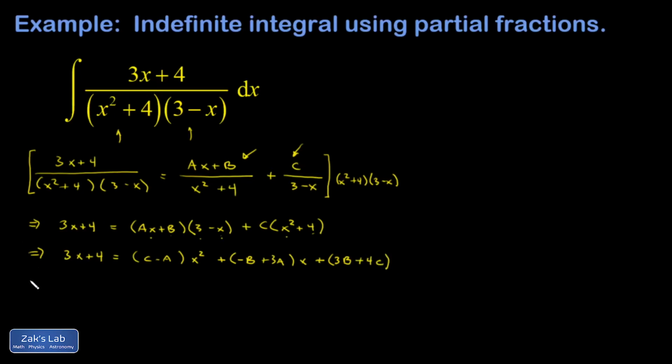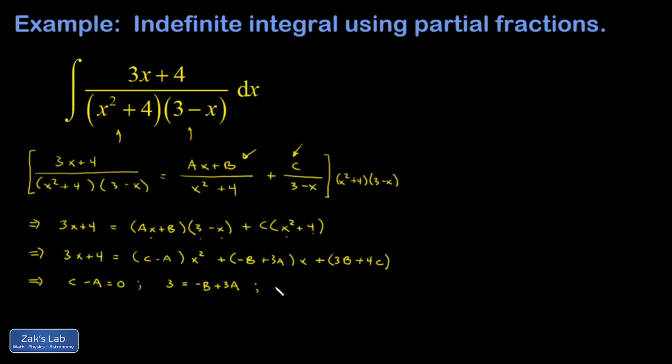Okay. So if this equation is going to be true for all x, then the coefficients on the left and right-hand side have to match up. So the coefficient of x squared is c minus a on the right side, and it's 0 on the left side. So I immediately get that c minus a equals 0. Then I do the same thing with the linear term, and I get that 3 on the left-hand side is equal to negative b plus 3a.